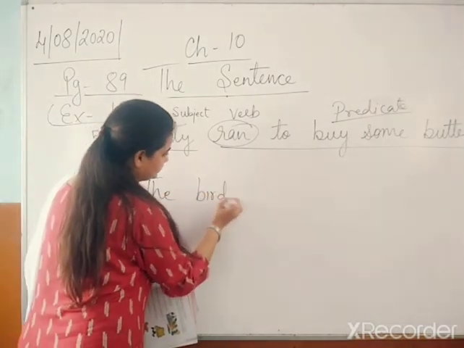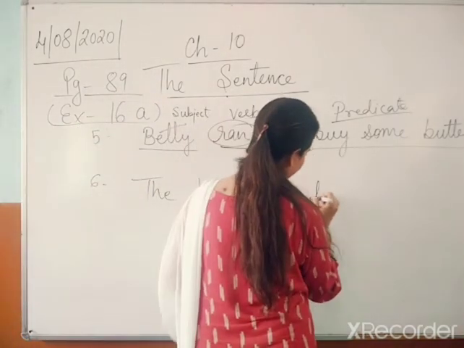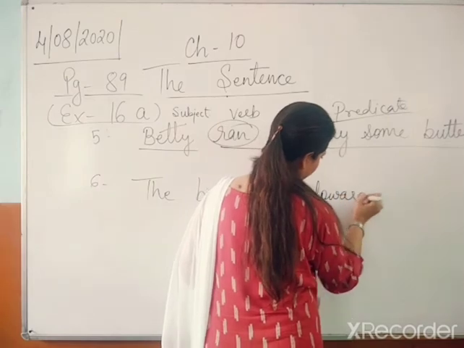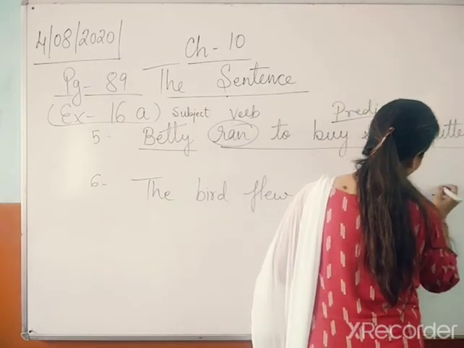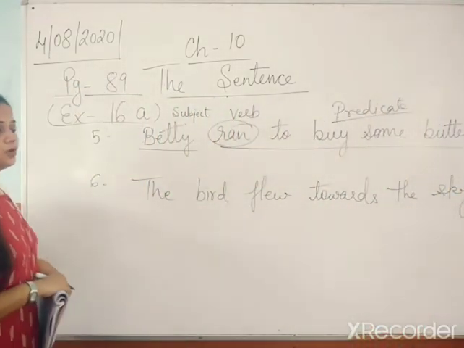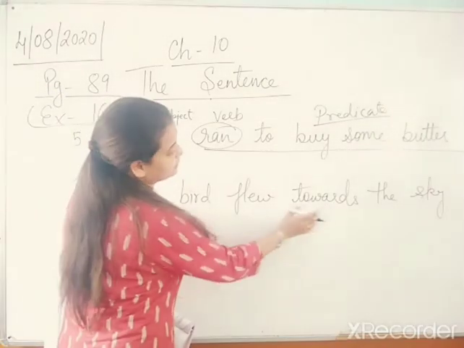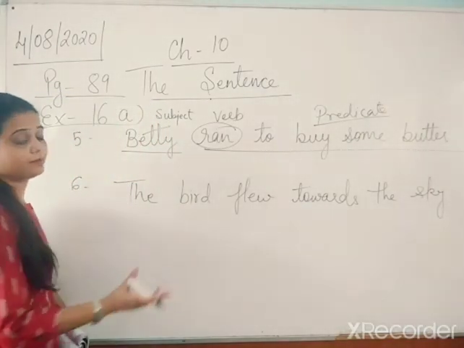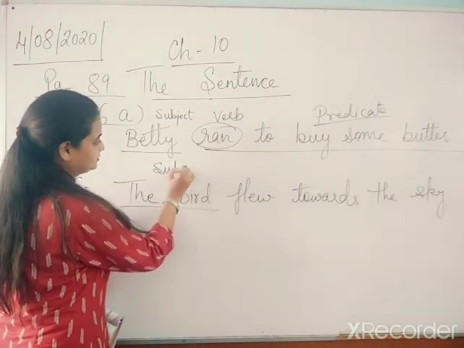Now sixth one. The bird flew towards the sky. Clear? So in this sentence, now look at the sixth one. The bird flew towards the sky. So who is performing the action? The bird. The bird is your subject.